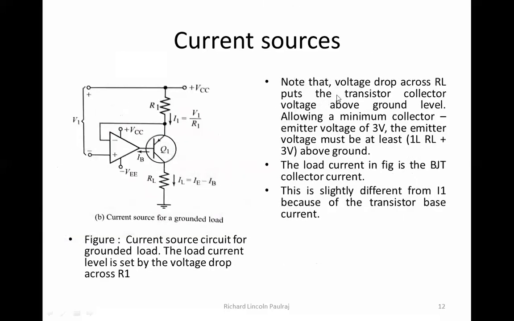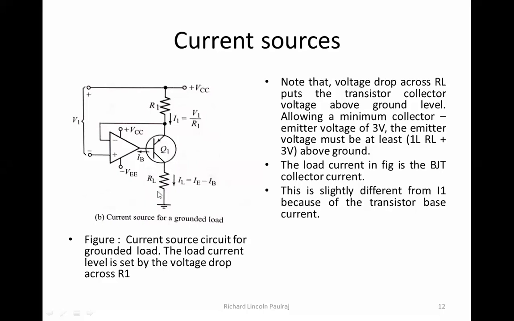So the voltage drop across RL, we are looking at the drop here across RL, puts the transistor collector, this is base, collector, and emitter, above ground level.